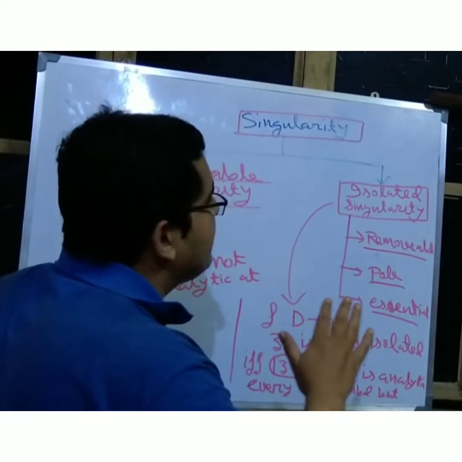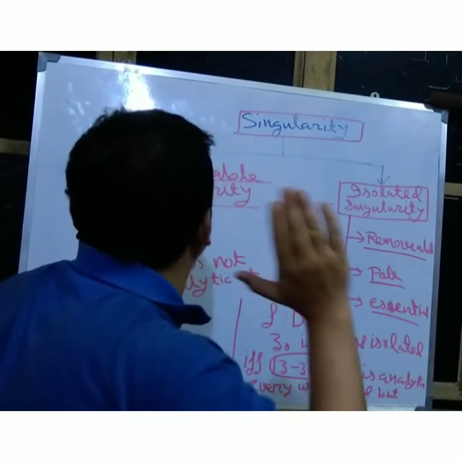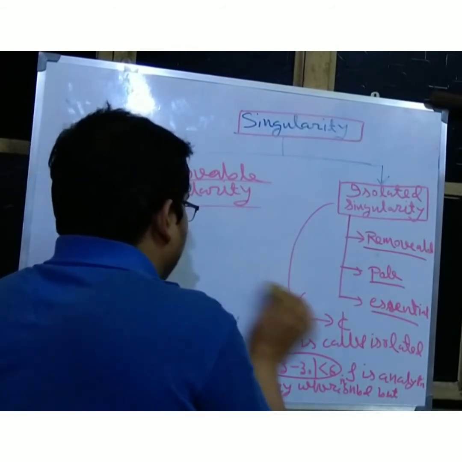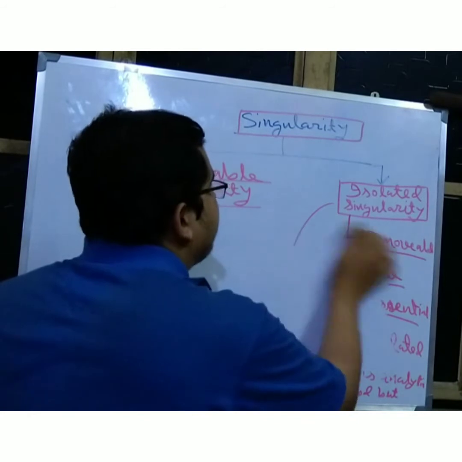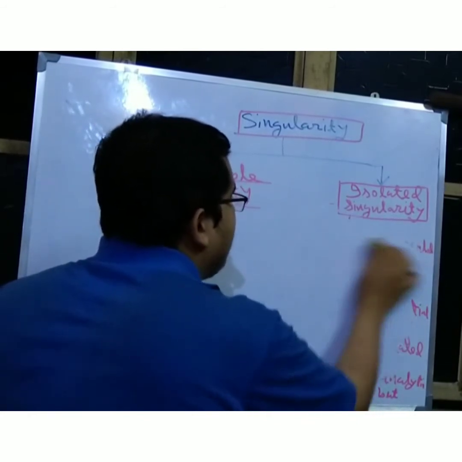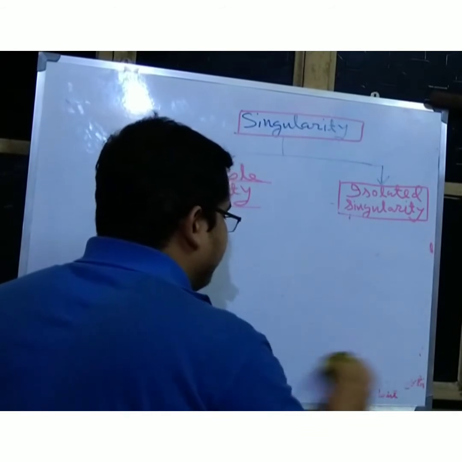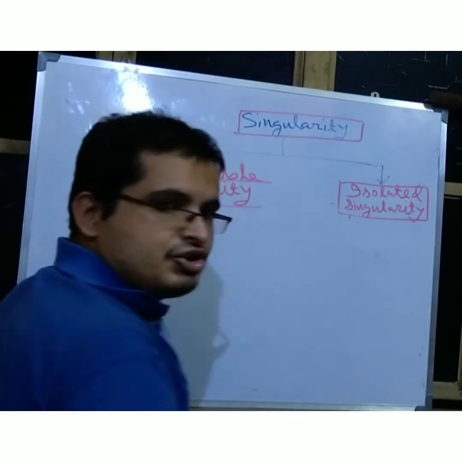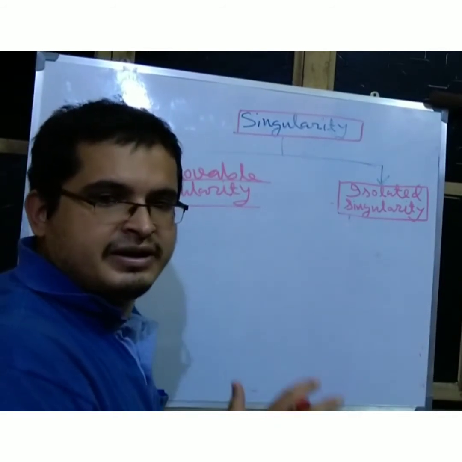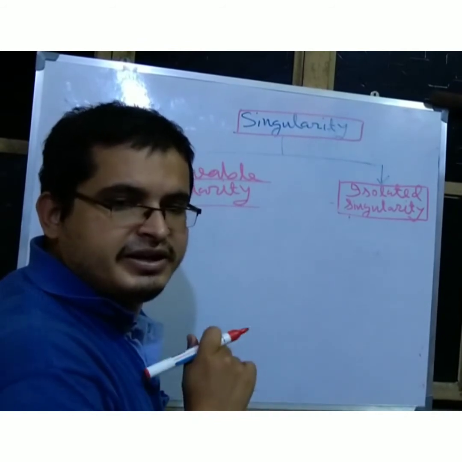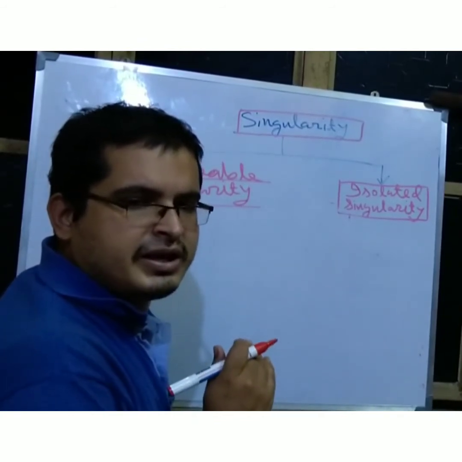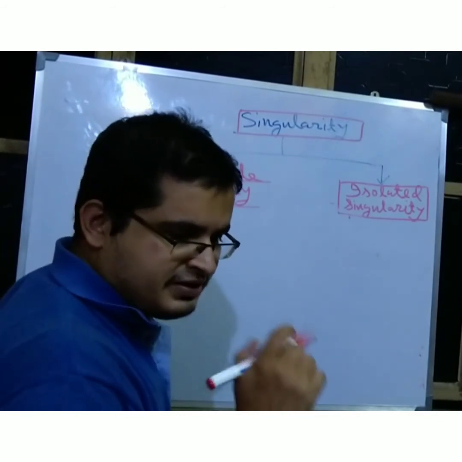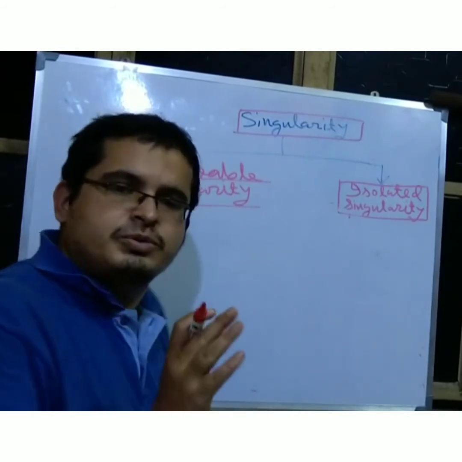So friends, I hope I cleared up the isolated singularity. Now I will go to removable singularity, a type of isolated singularity. How can we understand that the singularity is removable? I just give a short note because for CSIR NET and GATE, they can ask which kind of singularity this is, whether it is removable, and also in university examinations.